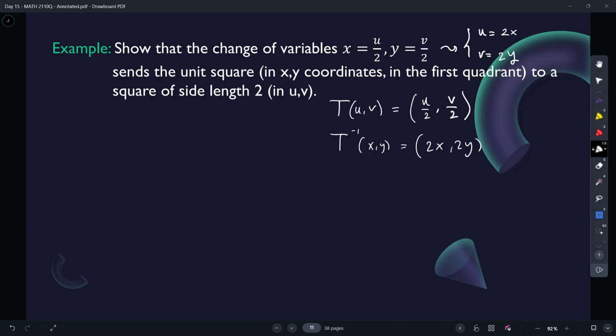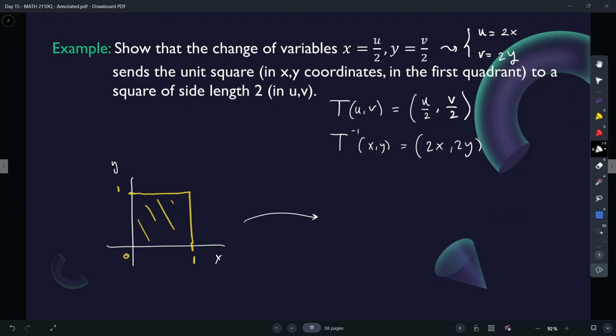So that is how the regions are going to be transformed, and they give me one of them. They say, okay, so we're going to go from in x and y, in the first quadrant, the unit square. So put a 1 here, a 1 here, a 0 here. So this is my region. And I want to know where it is being mapped.